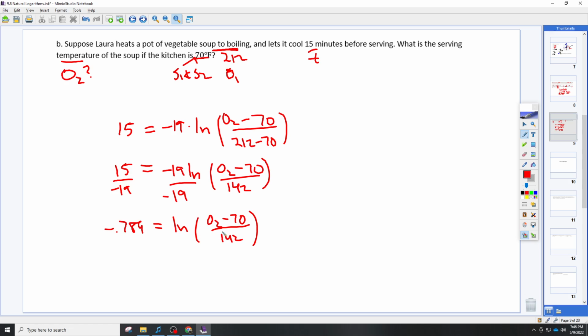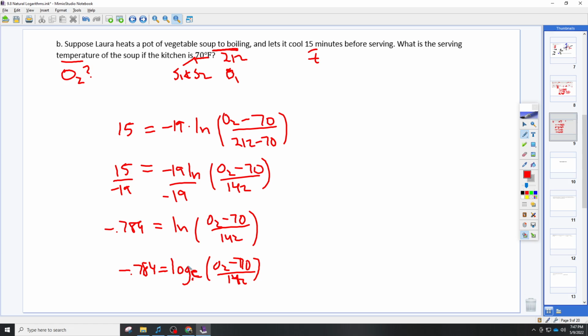And then, well, how in the world do I unpack all this stuff? Well, we have to figure out how to get rid of ln. And if you remember, that's the same thing as log base e. So I'm going to write this out again as another step. It's 142. So how do we get rid of that? We're going to go around the circle, but now we're going to go backwards.